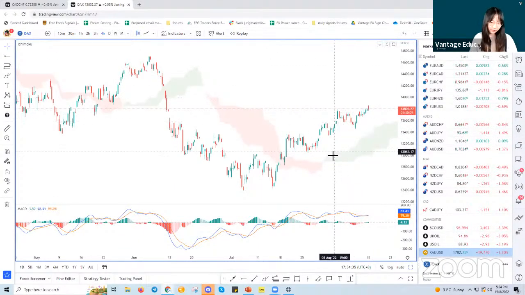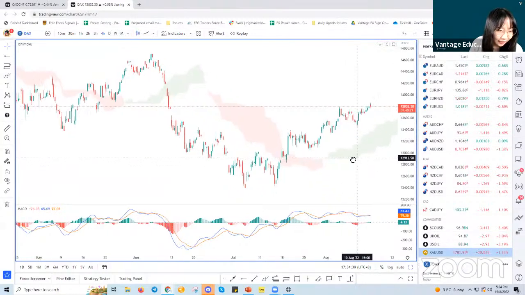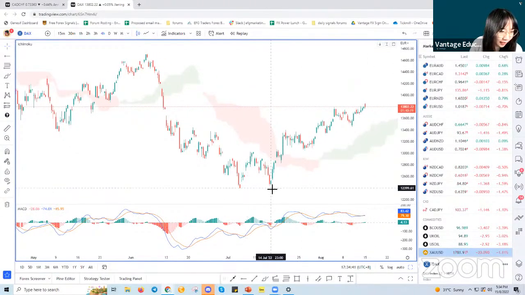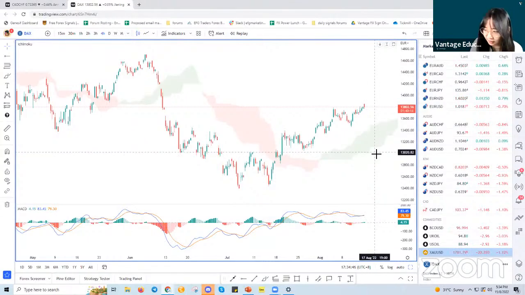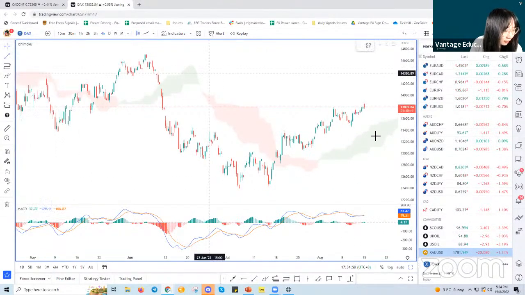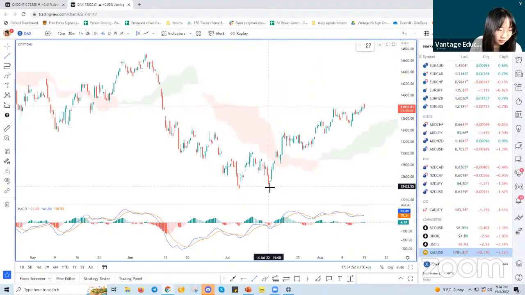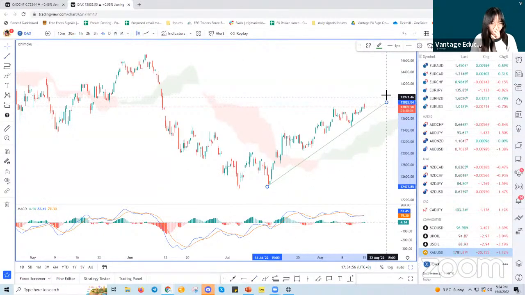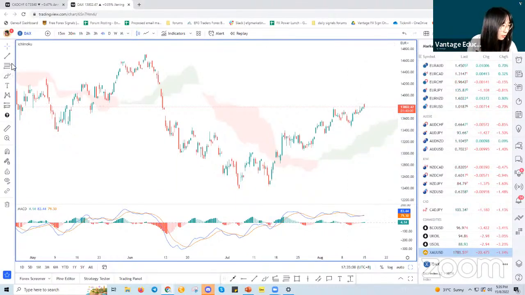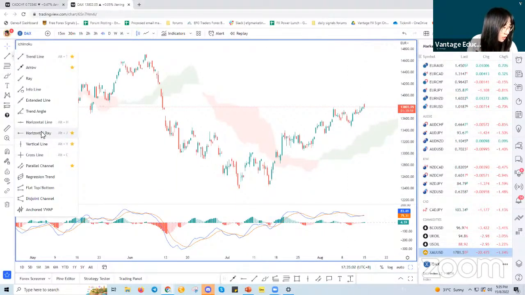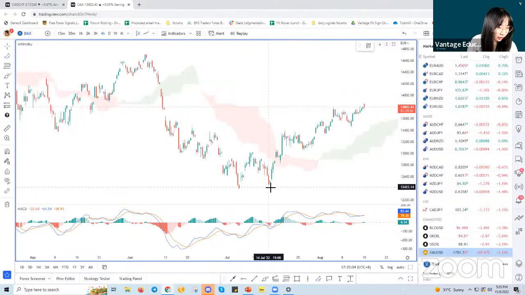For the DAX, we can see the market is quite clear that the price is in an ascending trend line. So I think for the trend line, this is not very good to use. So I like to change it into a channel.